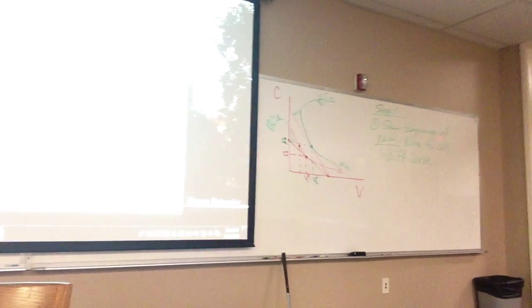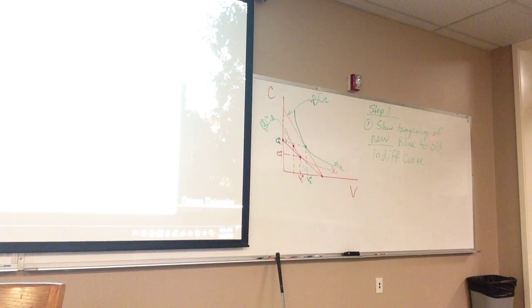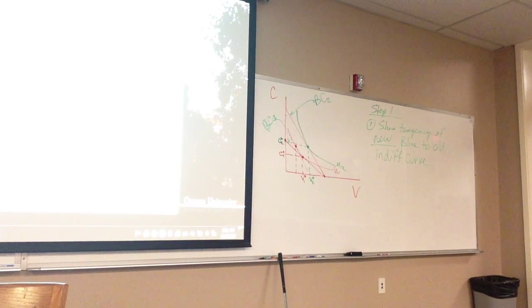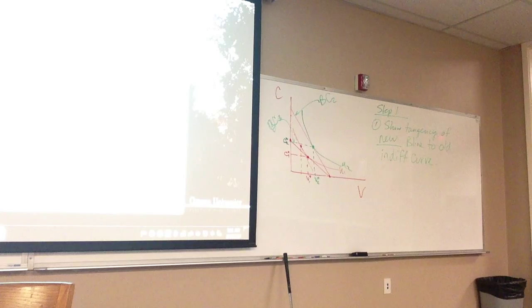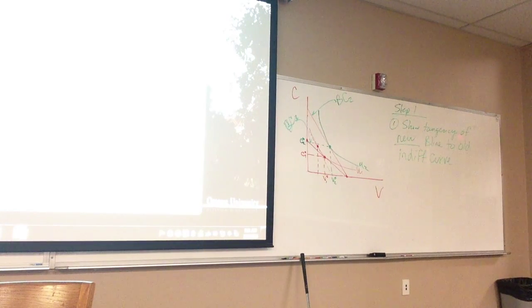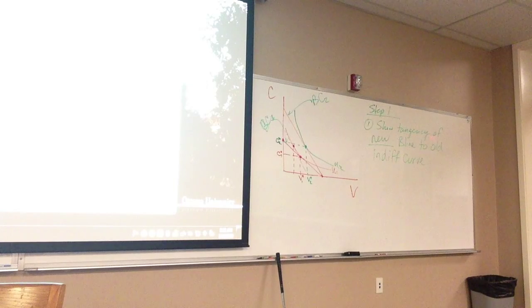Come around and look at your answers. Which one's the new budget constraint? So step one, what happens to price? What do we get for A?